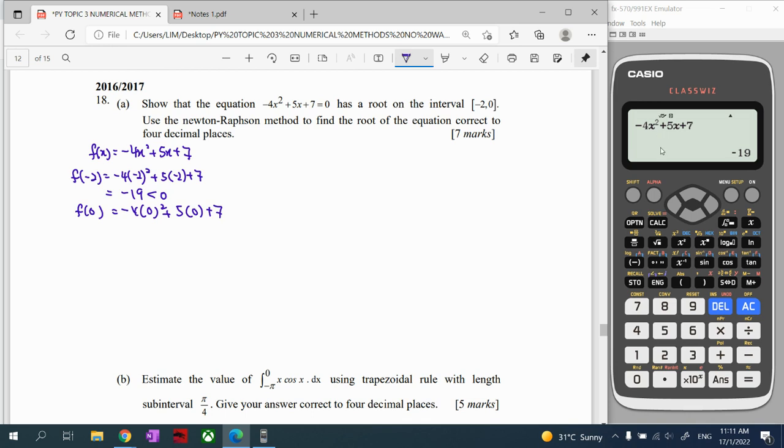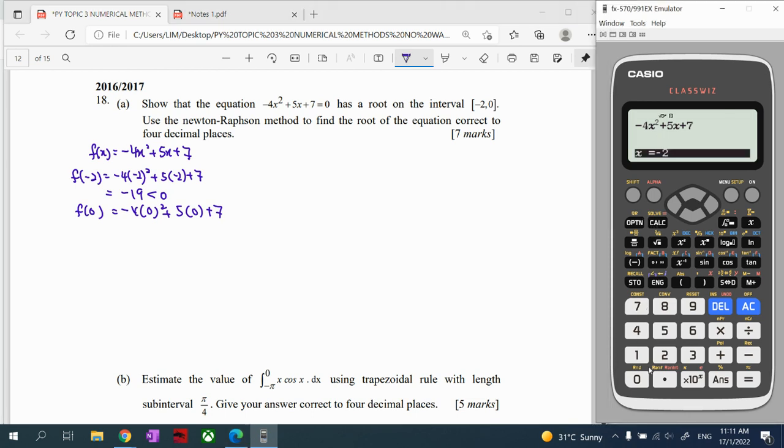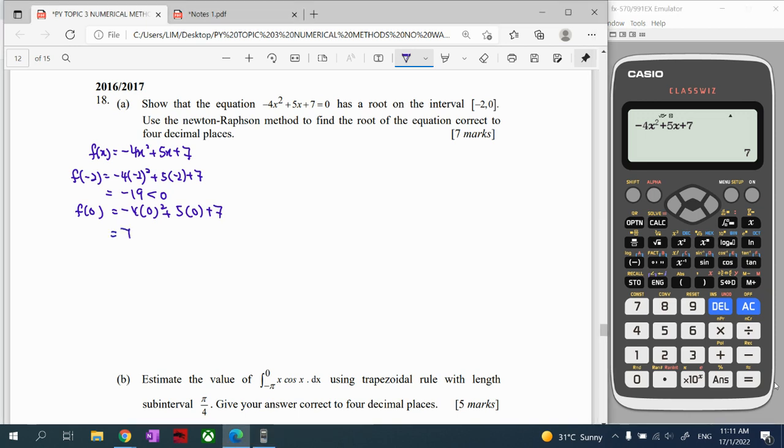We don't need to press again, we just calculate 0. So that is another way for us to press the calculator. So this is positive. One negative, one positive. Obviously, there is a root between the values -2 and 0. So we write the conclusion out.